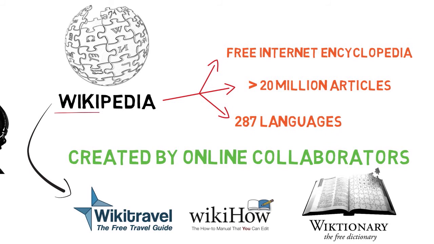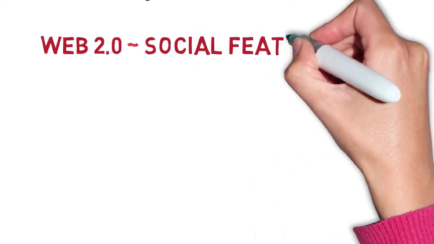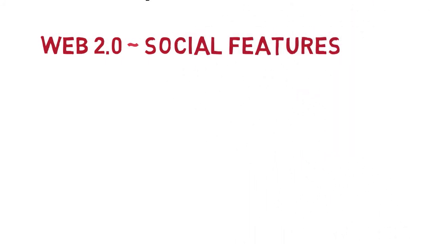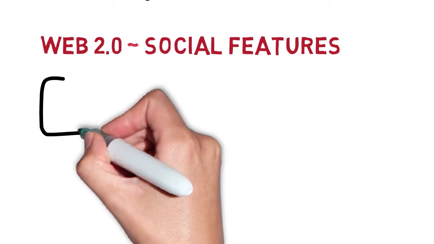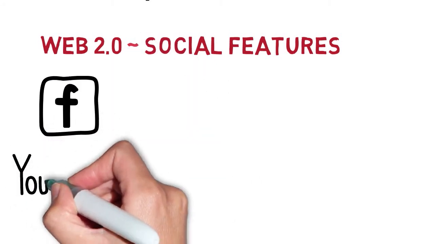Besides the ease of use and mostly free features, Web 2.0 is also popular for its social applications. You've probably used Web 2.0 social sites, such as Facebook and YouTube.